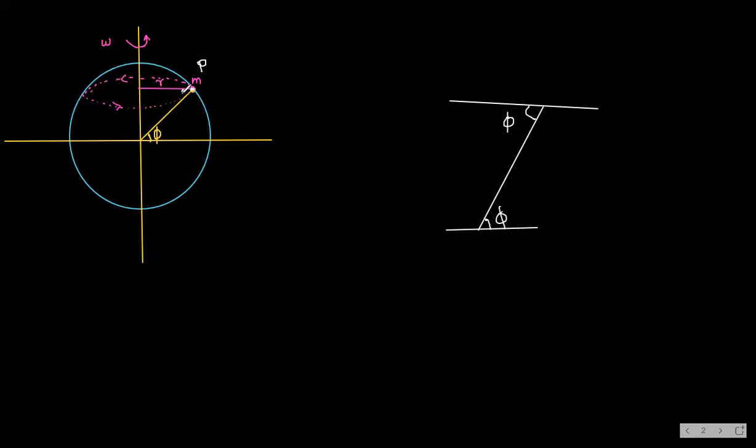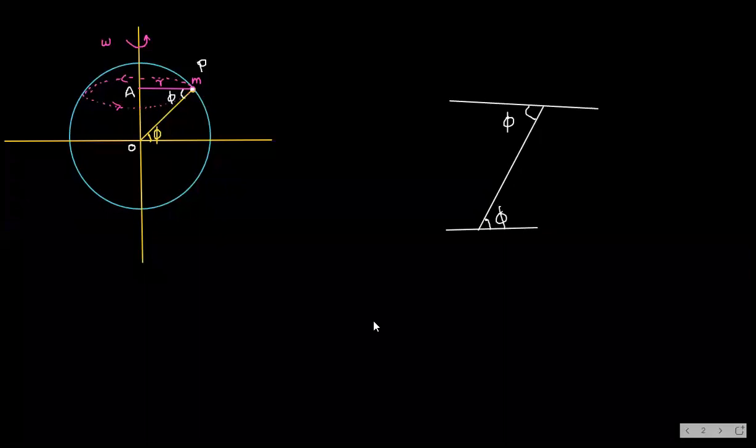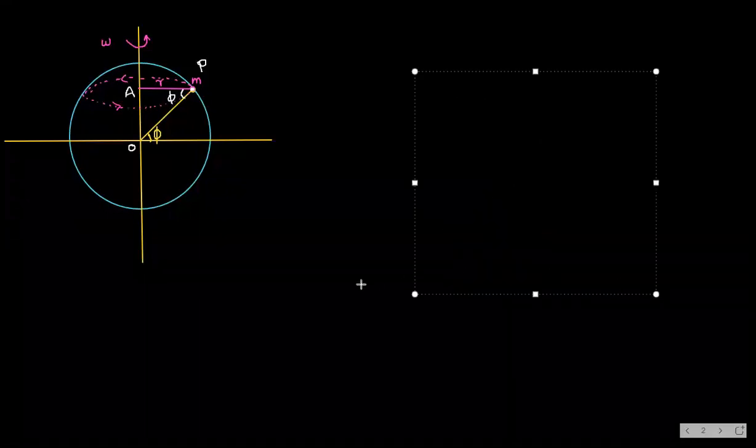So can I say that this angle is also phi? Agree with me? And this point is P already. So I'm giving this point as O and this point as A. Clear?